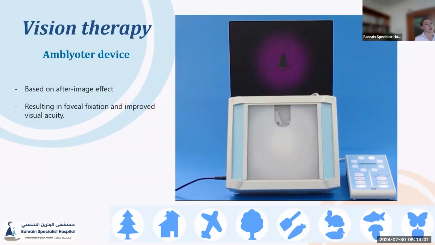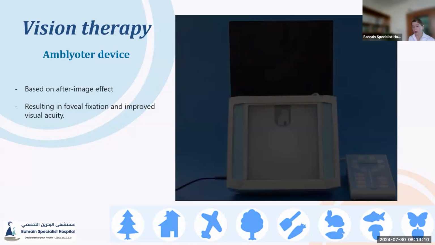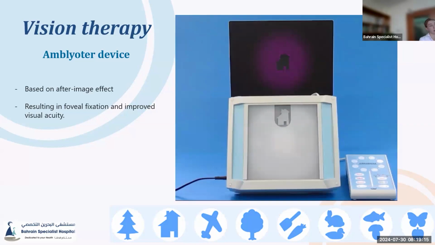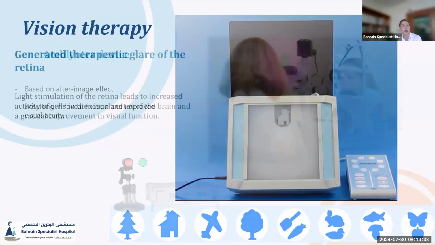The main thing is that with his amblyopic eye he is fixating on the picture he sees on this device, so the central part of the retina is focused and stays unblinded. The photostimulation blinds the peripheral zone, and after that he continues seeing the after-image. It results in foveal fixation and improved central visual acuity.